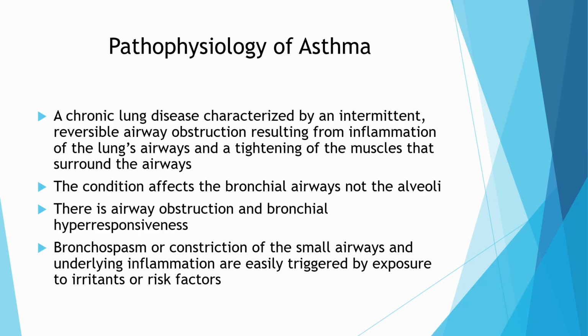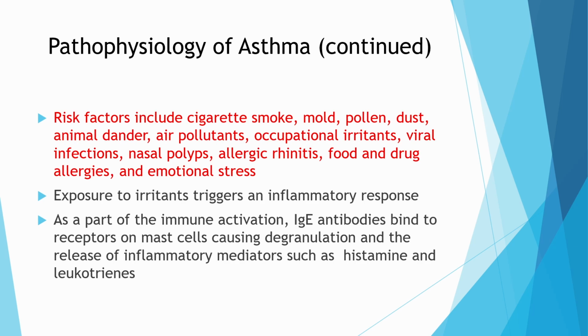Again, it is getting air down to where it needs to be. So there is airway obstruction and bronchial hyperresponsiveness. Bronchospasm or constriction of the small airways and underlying inflammation is easily triggered by exposure to an irritant or a risk factor. So again, there is that trigger.